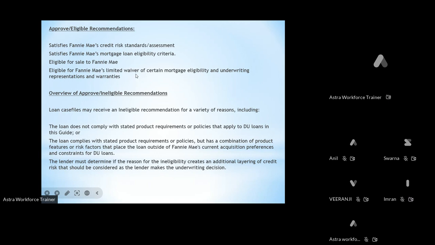If the approve ineligible reason is not impacting the loan, not impacting the lender's profits, then we are good with that. But if it is impacting the borrower characteristics, then it's a question mark whether we need to proceed or not. That confirmation will be given by the lender or the client.